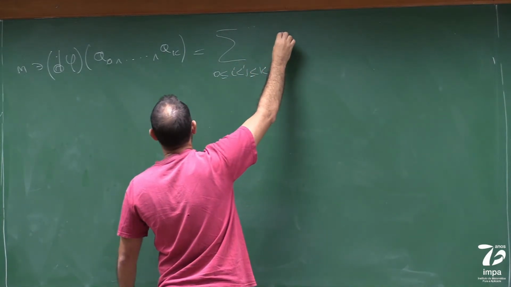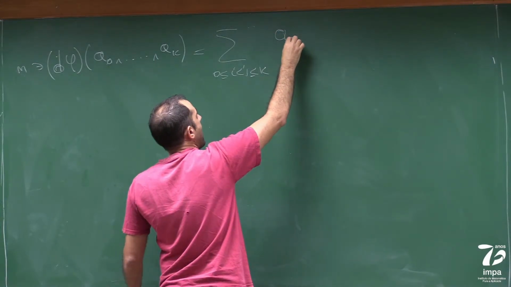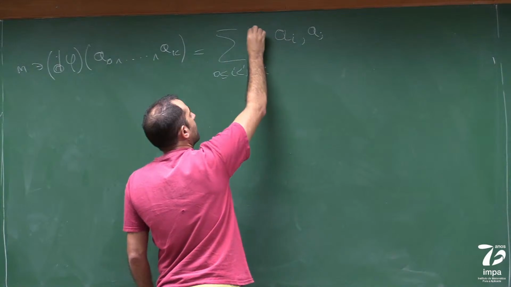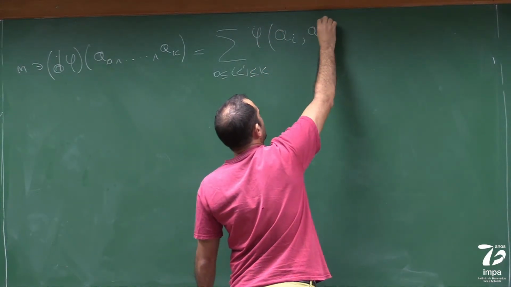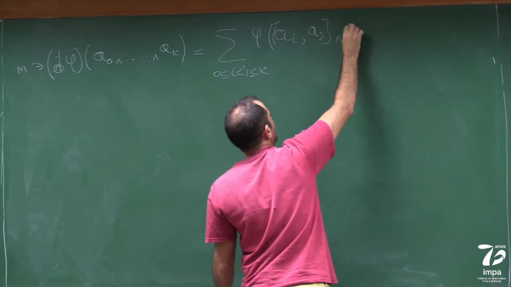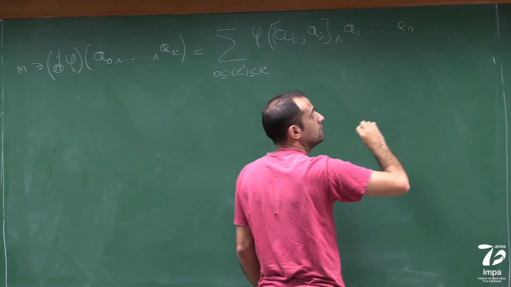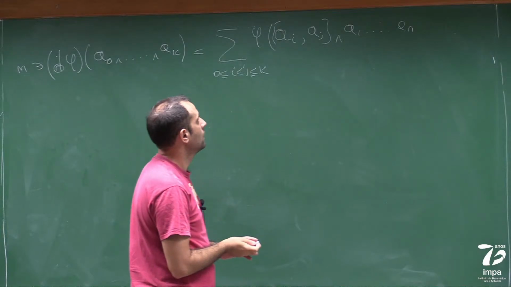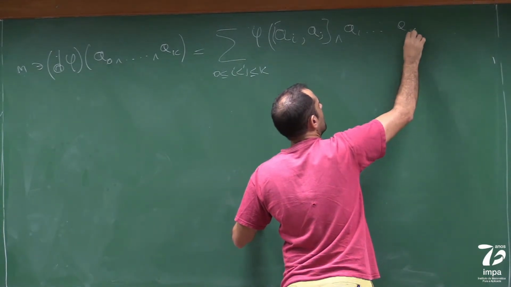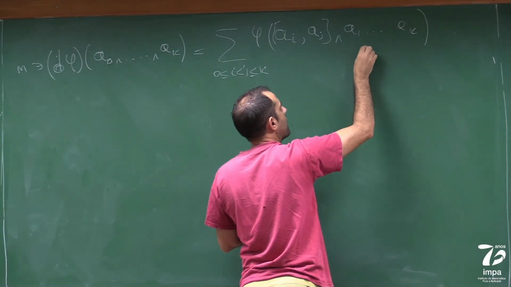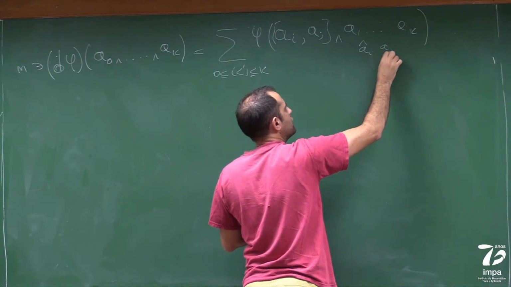I'm going to take out a_i and a_j, and put that bracket in front of everything else, then put a_0 through a_k, where a_i is missing and a_j is missing.